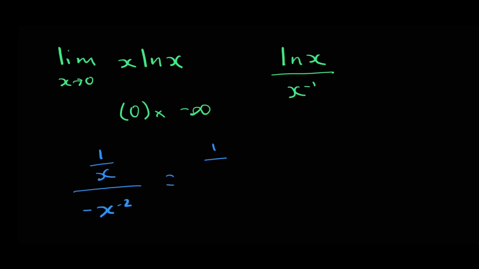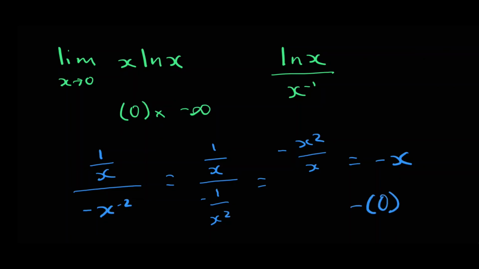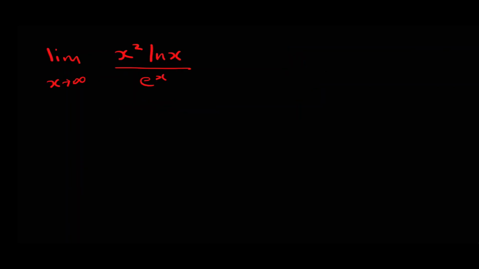And if you simplify that, you can turn it into 1 on x over negative 1 on x squared, which equals negative x squared on x, and that just equals negative x. So now if we try basic substitution again, you get negative 0, which equals 0. So that's the limit.